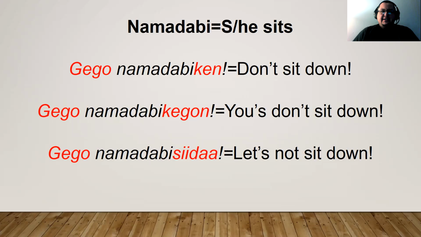If you remember from lesson 15, we used Namadabe, he sits. Namadabin was the command to one person. Here we have Gego Namadabe kane. Don't sit down. Gego Namadabe kegon, you all don't sit down.